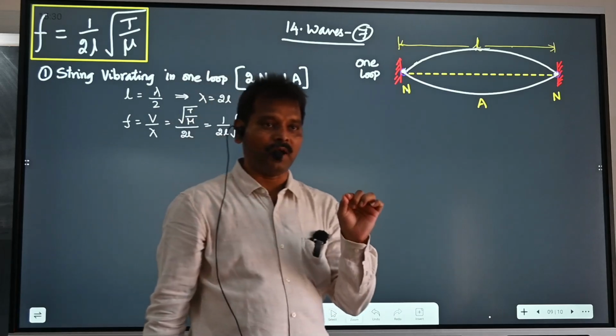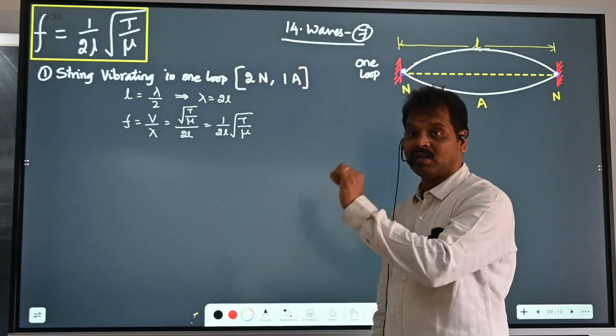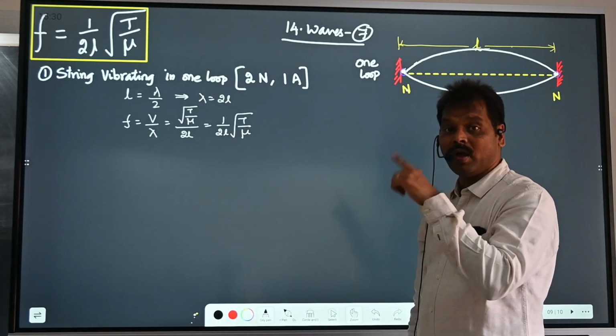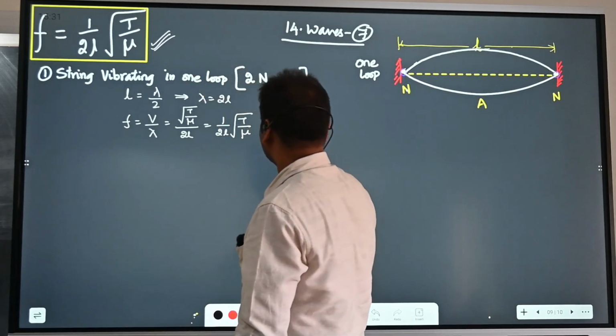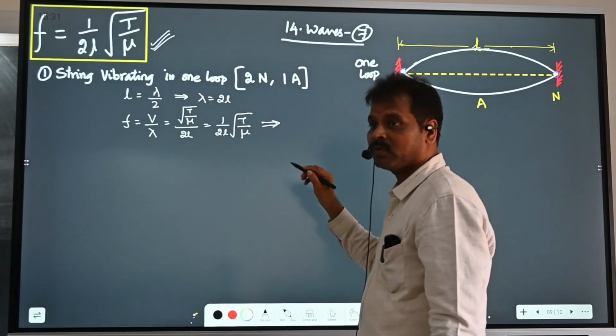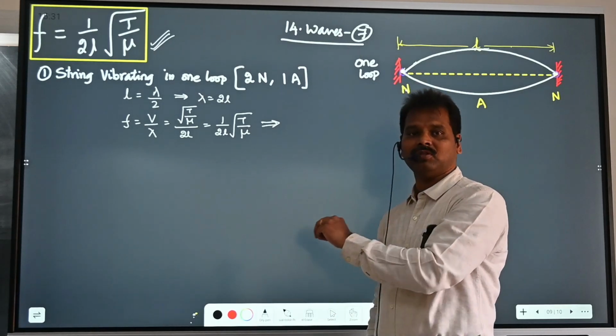So this is the fundamental frequency of a stretched string when the string is vibrating in one loop, and I wrote this formula here. What is the name of this frequency? This is the minimum frequency of the stretched string.